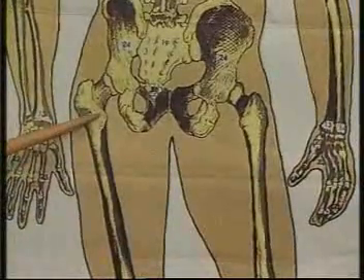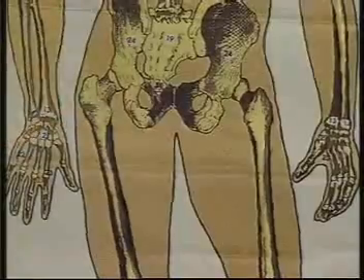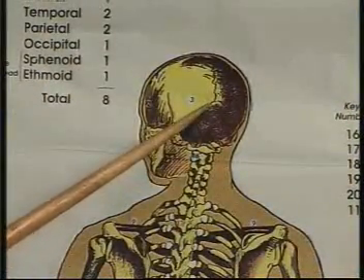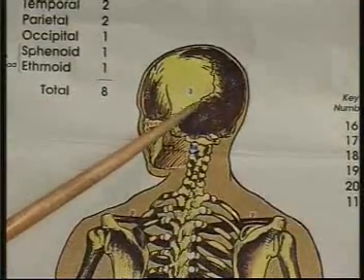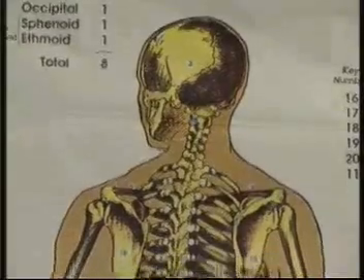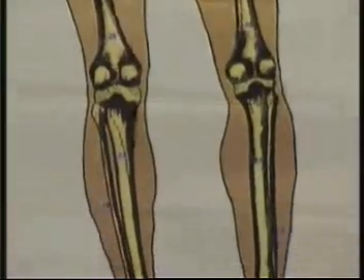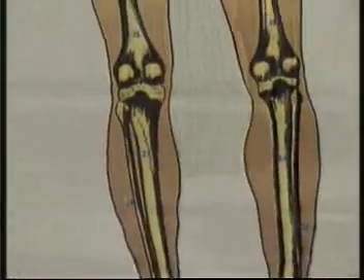Now, the second one, which was the pivot joint, the example of this is the atlas and cranium, which is present inside the head. The third type of joint is the hinge joint, which involves only angular movement, as we have in our knee and ankle and the ends of phalanges.